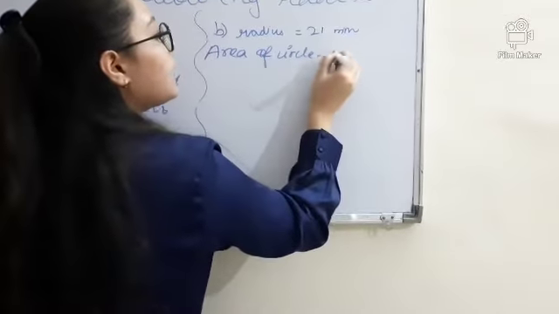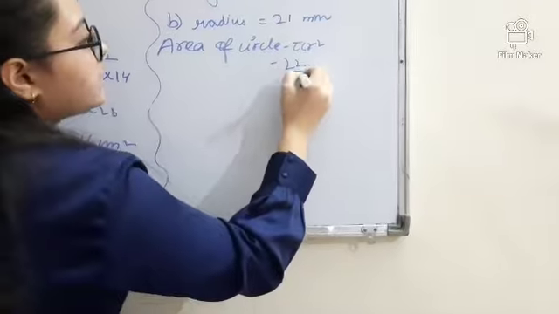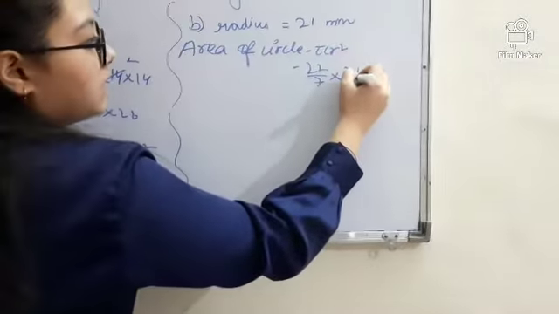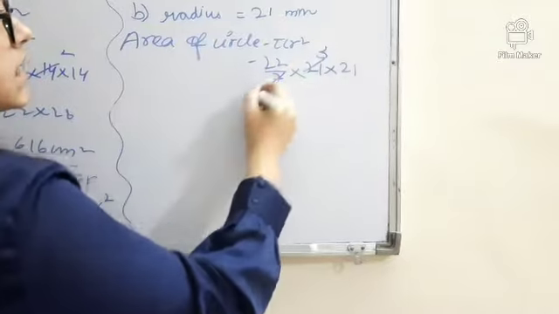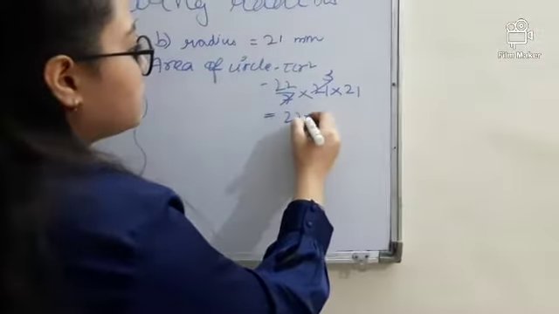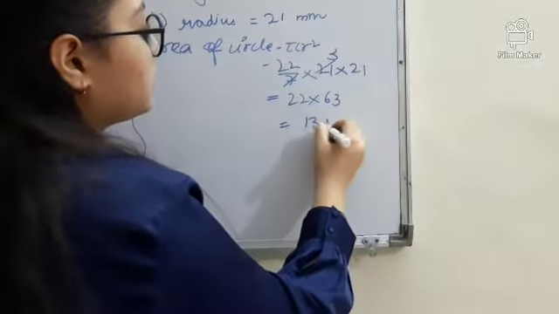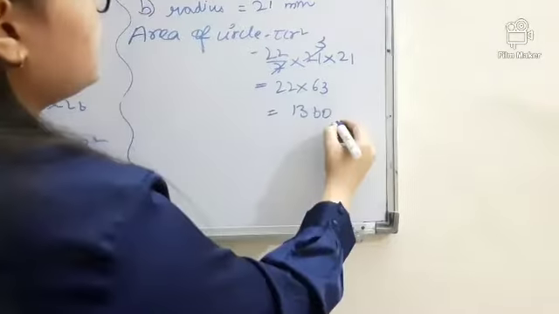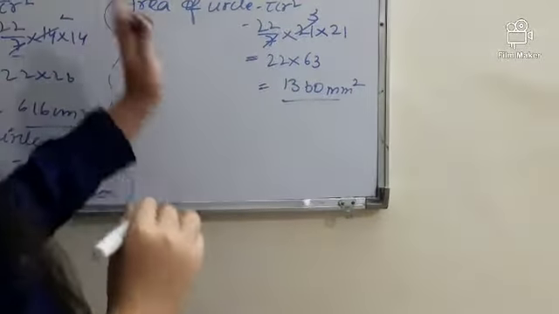Area of circle is pi r square. Here pi is 22/7. Radius is 21 into 21. So 1386 mm square is the area of the circle.